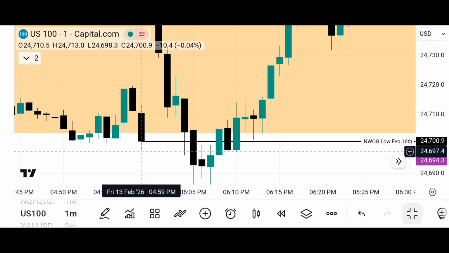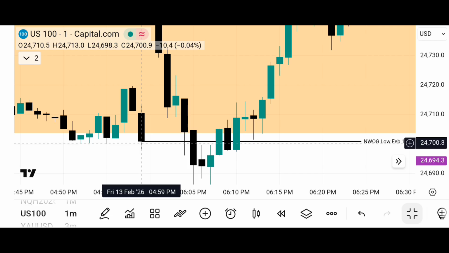And if you trade ES, you trade the S&P 500. That's the same process. So this doesn't just apply to US 100 or Nasdaq 100. It's the same thing for ES, for S&P 500.